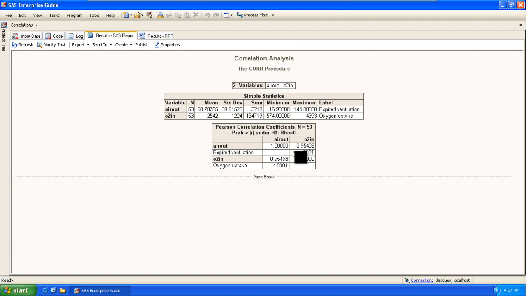So there is 0.95, and 0.9 means there is a strong correlation between the two variables.